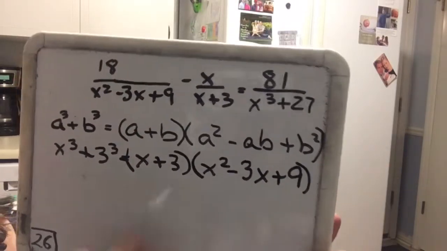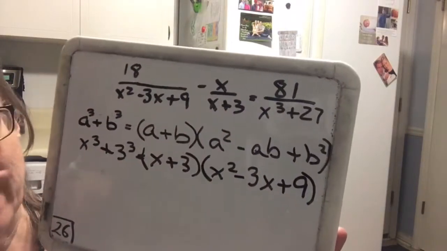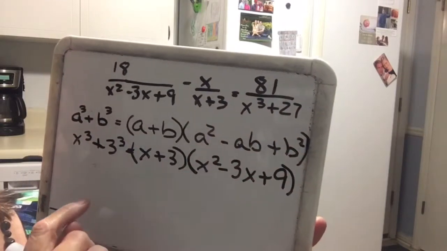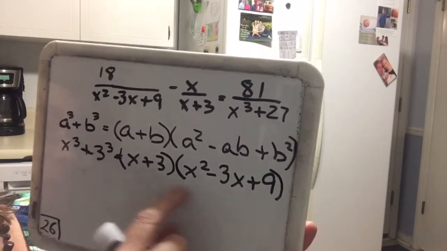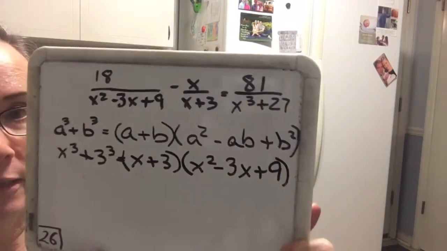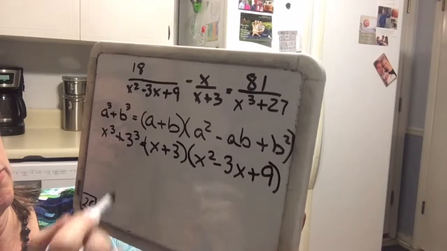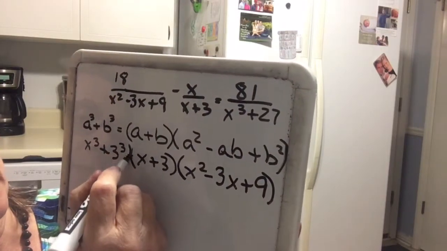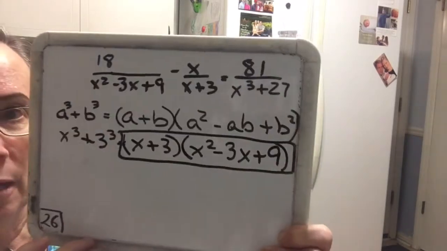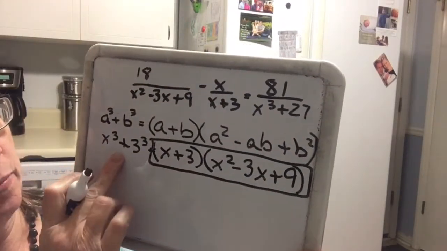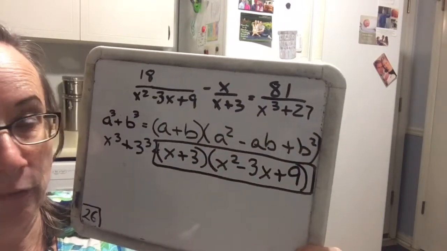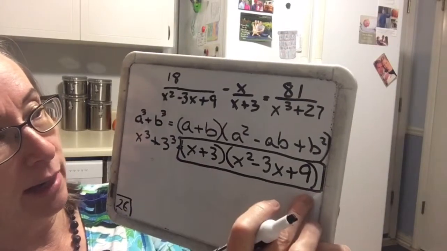And our x plus 3 is the denominator of our second term. And our complete x cubed plus 27, which is what all of this multiplied together equals, is the denominator in our third term. So we're going to just go ahead and make this right here our least common denominator, which is the same thing as x cubed plus 3 cubed in its factored form. Okay, so this is our LCD.